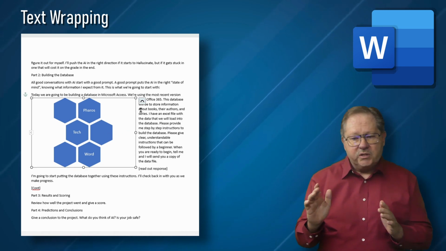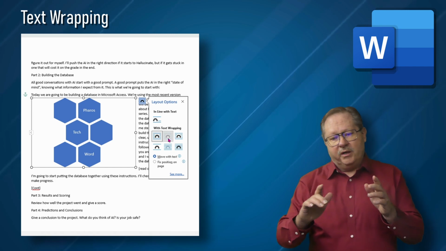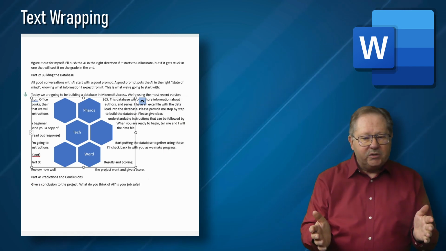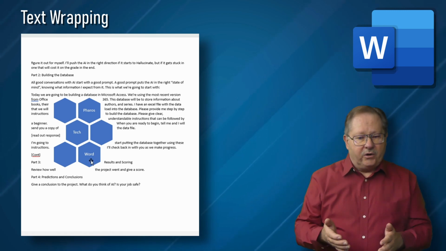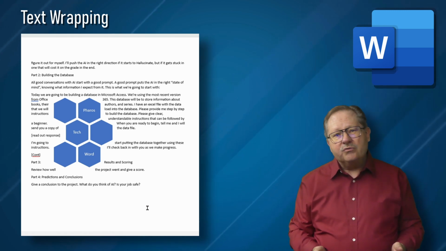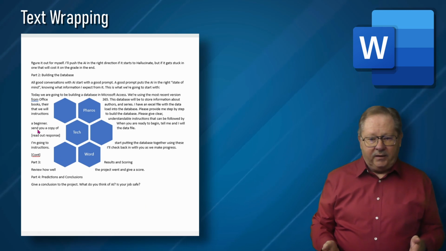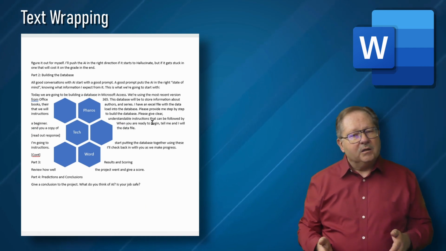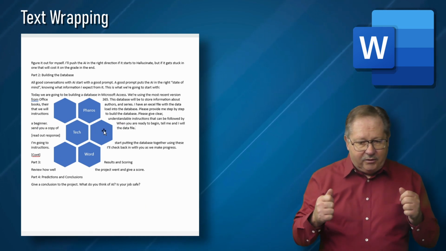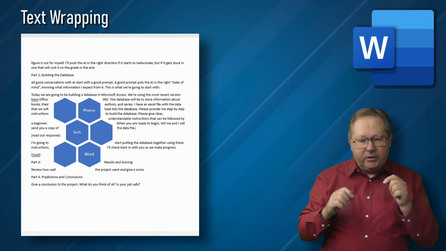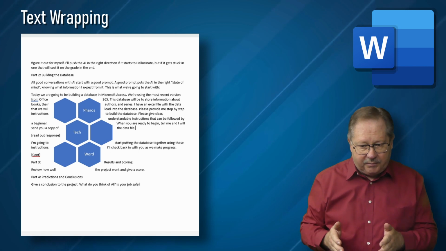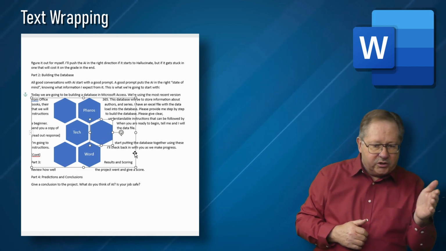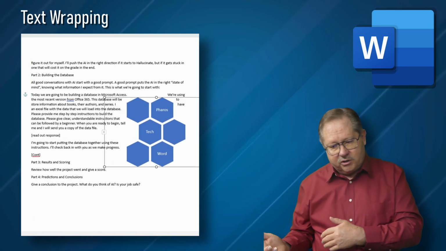Now, if I choose instead to do one of the other wraps, notice that it wraps around the interior of those irregular objects. Now, this can be useful if you want it that way, but it can be a little bit challenging, but incredibly useful if you do it the way that you need to do it for your particular document. Now, notice that it starts the line on the left and starts the line on the right.